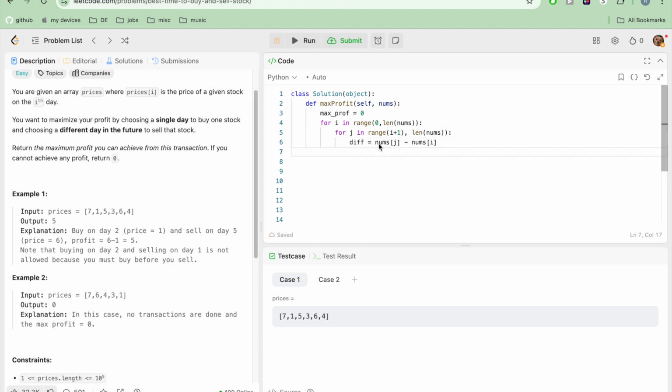Once we have the difference of these two indexes, we can find the maximum by using the max function. We use the diff, and compare that diff with the previous max profit. And I think that's it. Then return the value at the end.